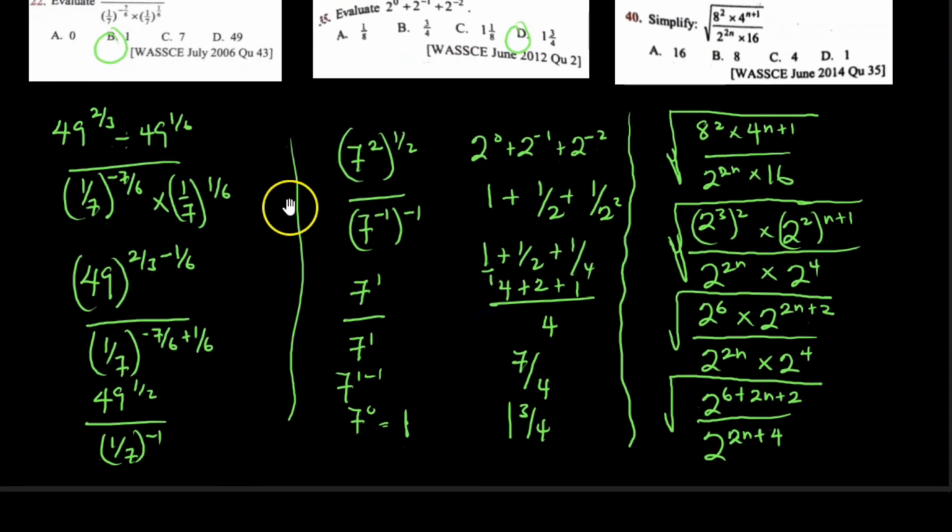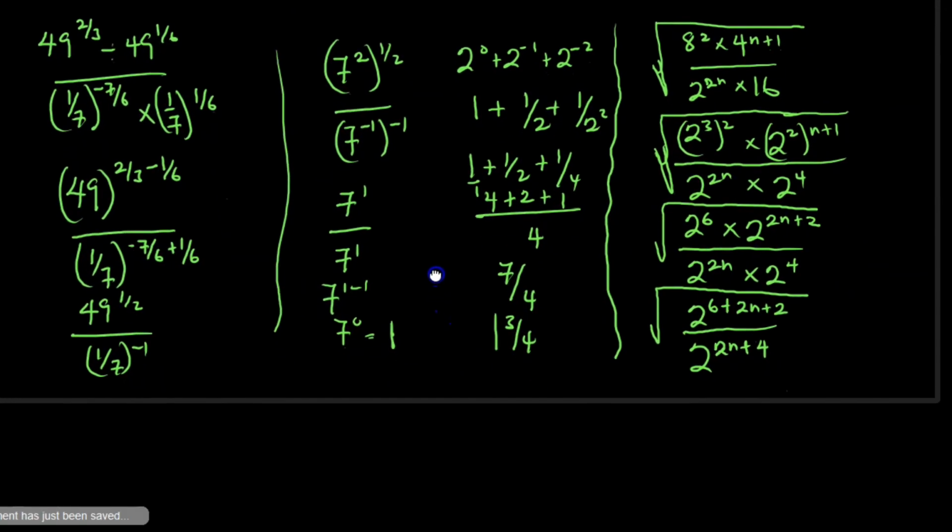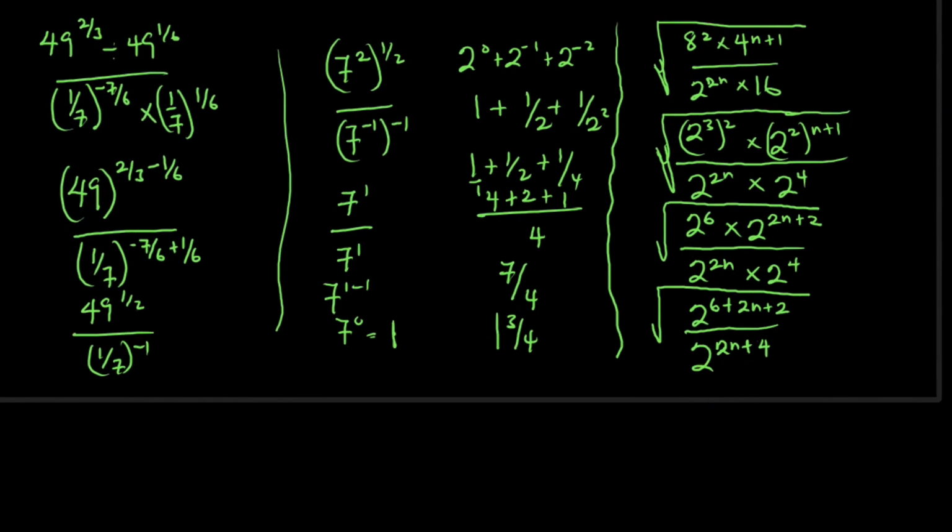In this case, we are going to obtain 2 to the power 6 plus 2n, actually, we can make it 8. So 8 plus 2n, then minus 2n plus 4.